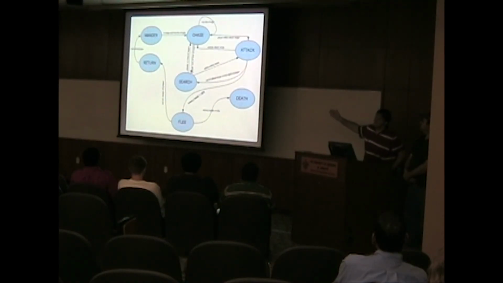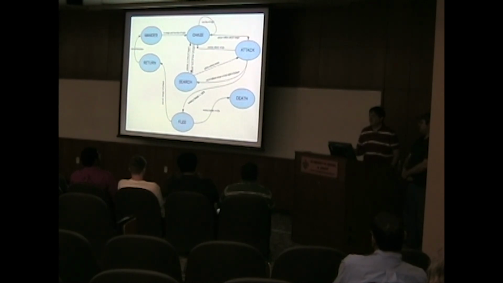Here is our finite state machine. When we first start off, we start off in the wander state, and then once the player gets in range, it switches from wander to chase. And from there, it just chases until it either gets within range or loses sight of the player. If the player is in range, then it begins its attack sequence.